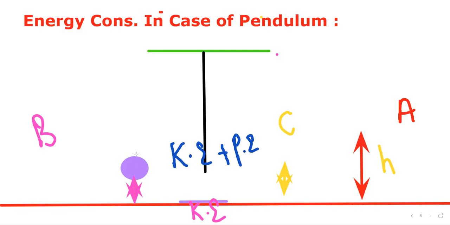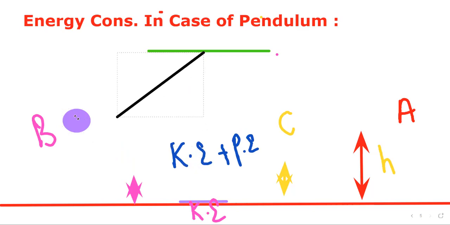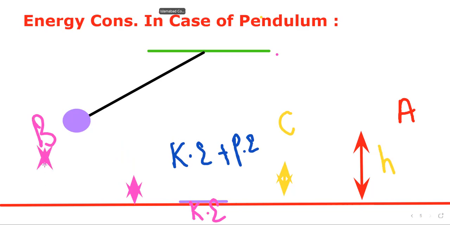The pendulum keeps moving in the upward direction, and now you can see the pendulum has a certain height, which means it has potential energy.